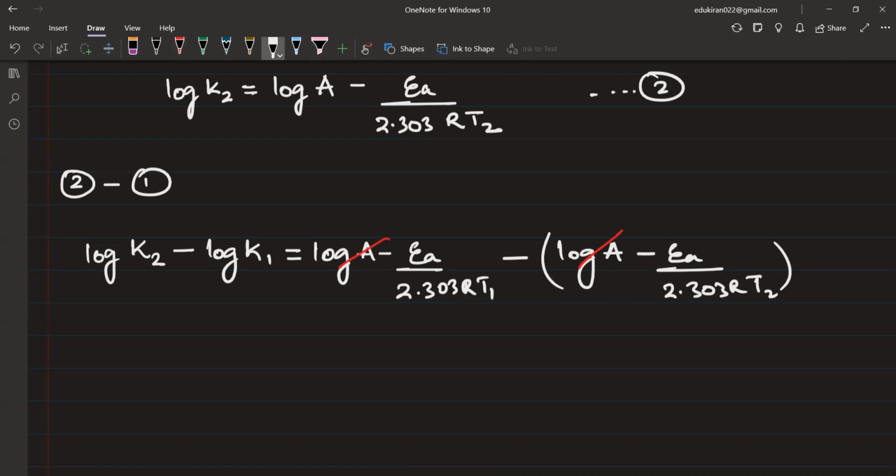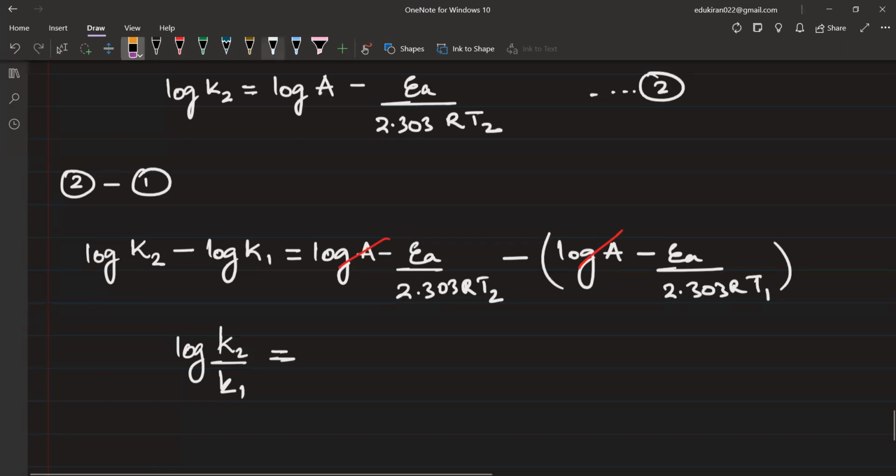Okay, now this log K2 minus log K1, I can write as log of K2 upon K1, which will be equal to, now here we can see that this is going to be positive. Okay, sorry, I think I made a mistake. This is going to be T2 and this is going to be T1, because K2 is here, so T2 will be here.